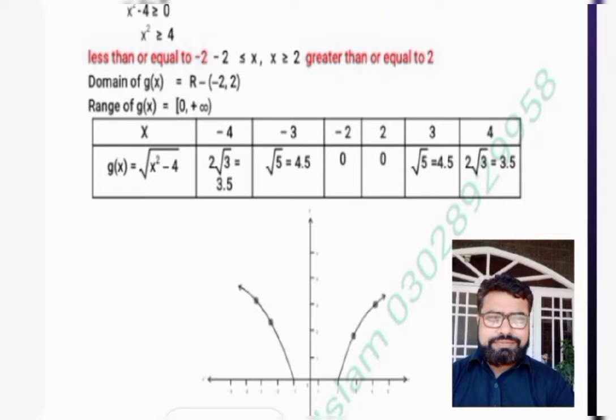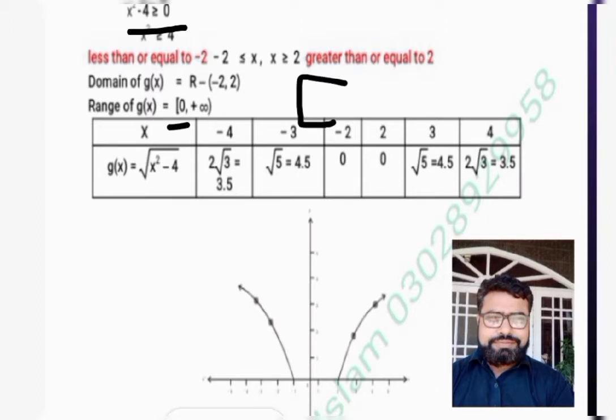As I've told you, a square root is always positive, meaning the answer is not a negative number. As I've written here, greater than or equal to 0, it means the answer is 0 or positive. 0 or positive means 0, 1, 2, 3, 4, and so on.